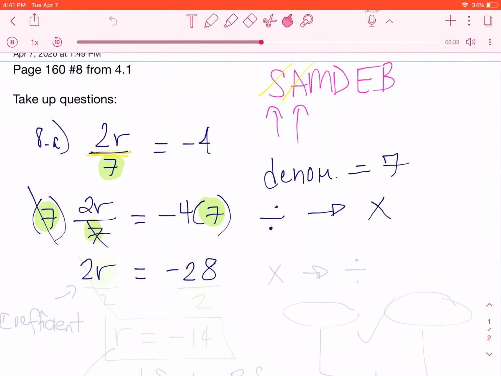In this step, we're now going to consider what number multiplied by r, which is the value that we're looking for. So a number r times 2 is equal to negative 28. In other words, this is a multiplication step, and we're going to do the opposite operation, where the opposite of multiplying is dividing.